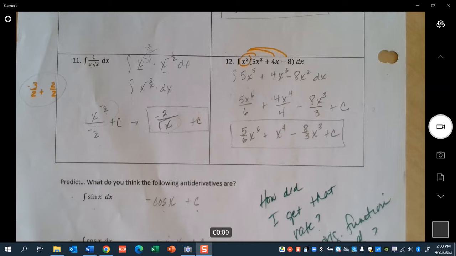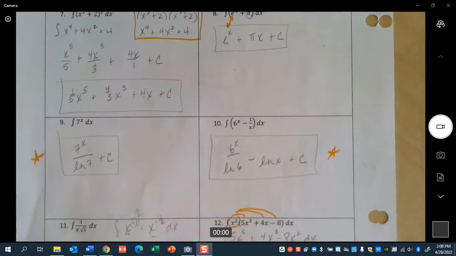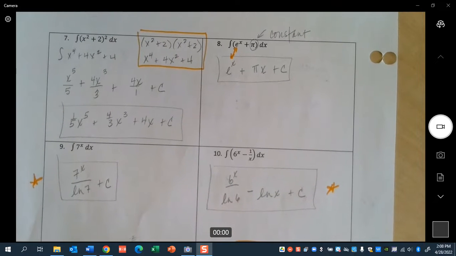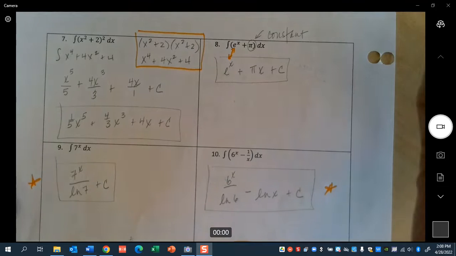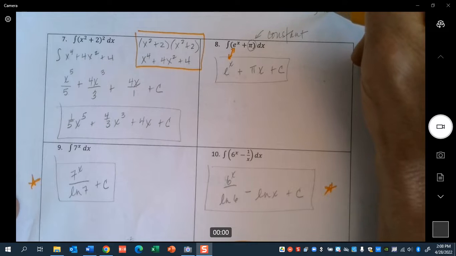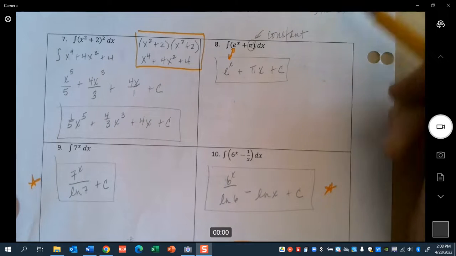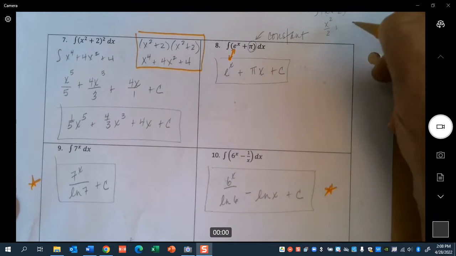For number 8, why put an x next to pi? Because that pi is a constant. Imagine if it was a 2 or a 3. If I was finding the integral of x plus 2, I would take each term, write it to one more power, and divide by that exponent.